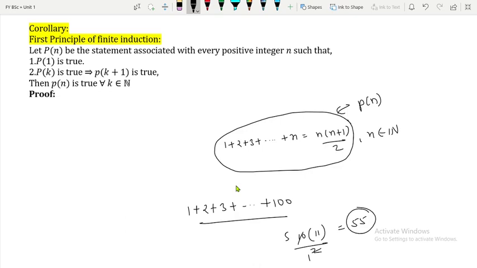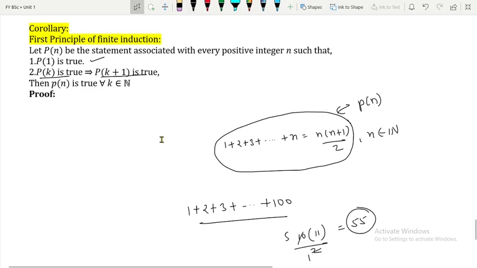So what is the theorem saying? First of all, we have to prove that P of 1 is true. It is very important. The important step in the induction is we have to prove P of 1 is true. Then we are going to assume P of k is true, and with the help of this we prove P of k plus 1 is true.